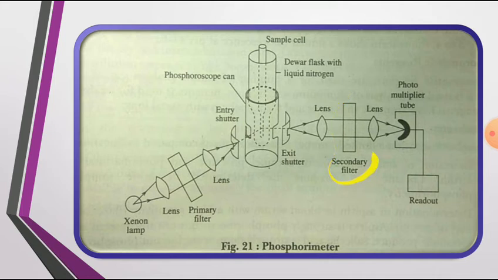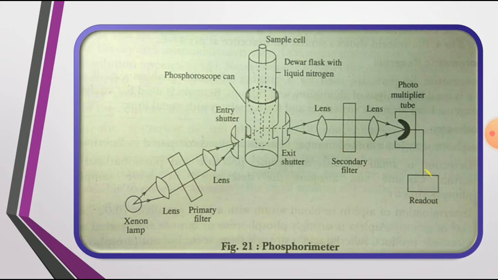The secondary filter will absorb any remaining UV light that may be present along with the phosphorescent beam, and only pass the phosphorescent beam emitted by the sample solution through this collimating lens into this PMT, that is the photomultiplier tube, or detector. The detector will detect that phosphorescent beam and show the reading on the readout device.